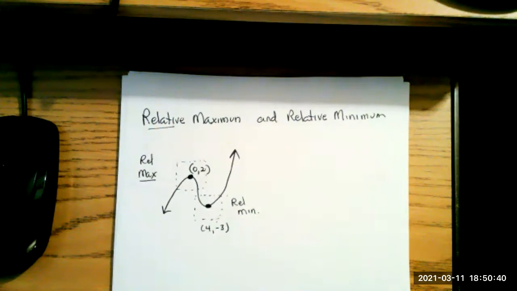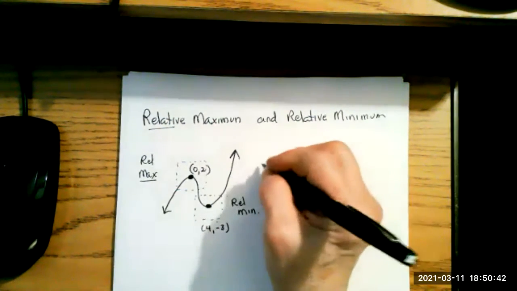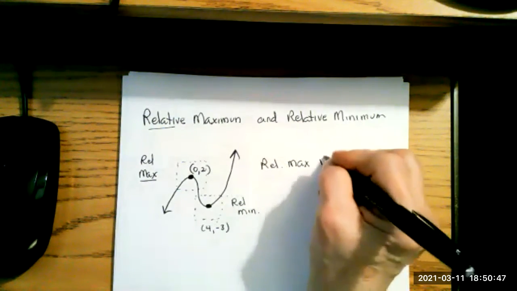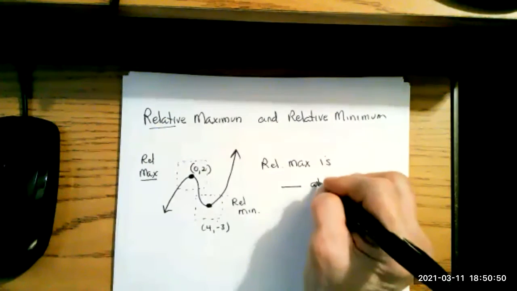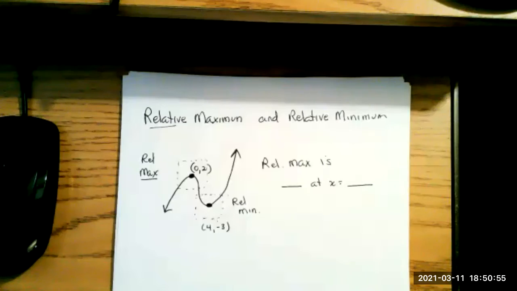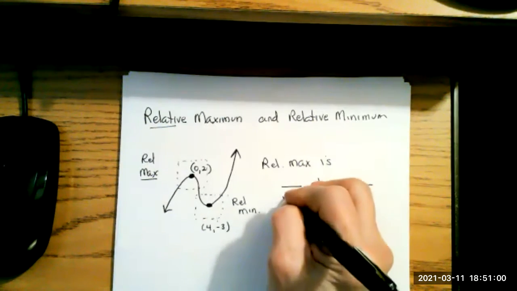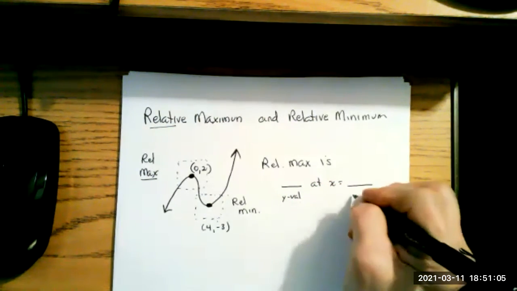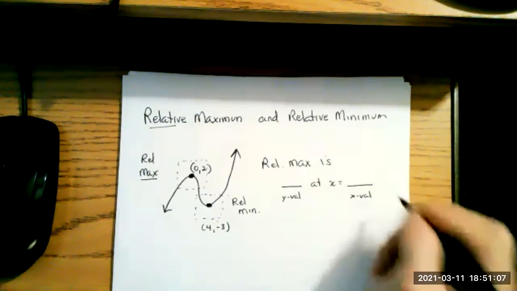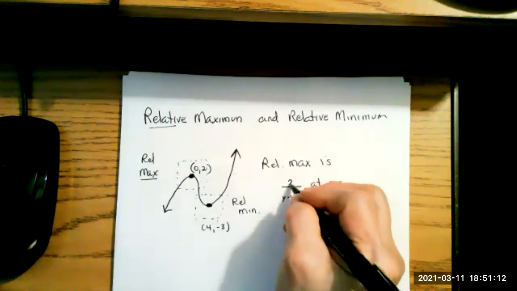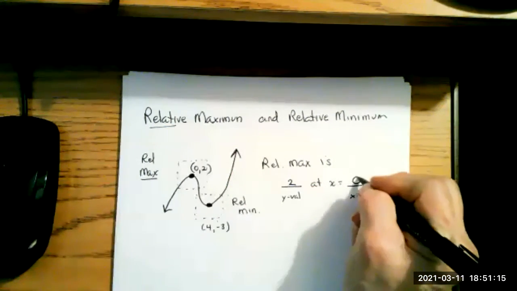The way this will be written is relative maximum is blank at x equals blank. That's the way it's written. In the first blank, they want the y value. In the second blank, they want the x value. So the relative max is going to be 2, where x equals 0.